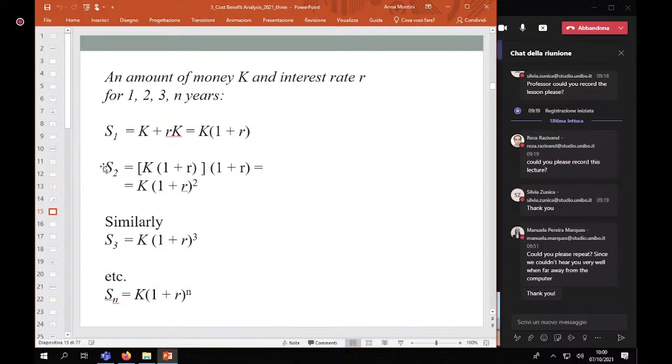The sum that you will receive at the end of the second year will be equal to the amount of money that you are investing today times 1 plus the interest rate to the power of 2. Okay? If you have 3 years, similarly. If you have n years, Sn equals K times 1 plus R to the power of n. Okay?